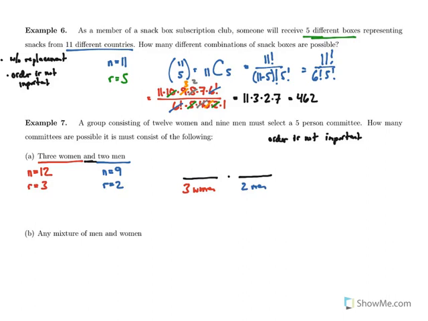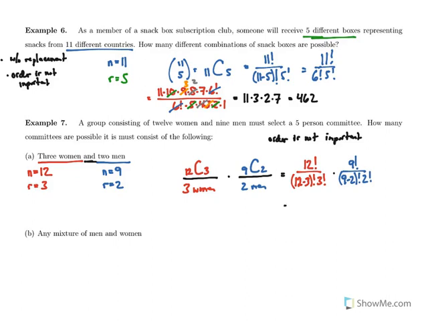The 3 women are going to be 12 choose 3, and the 2 men are going to be 9 choose 2. And overall, this is going to give us 12 factorial over 12 minus 3 factorial times 3 factorial, times 9 factorial over 9 minus 2 factorial times 2 factorial.